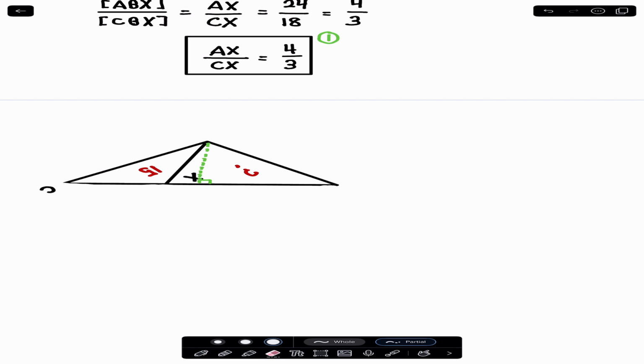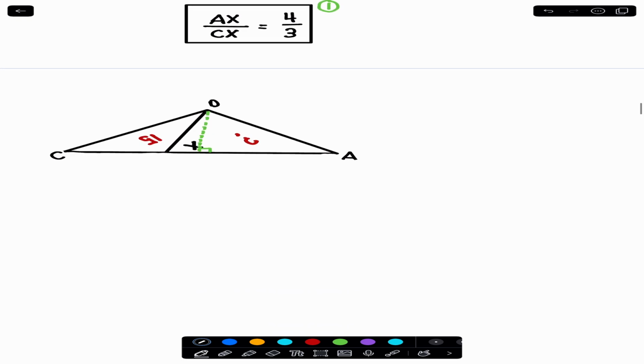I'm going to fix these letters real quick. A, D, C. Let's just fix that. Okay. And why not? Let's fix this as well. It's a little ugly.